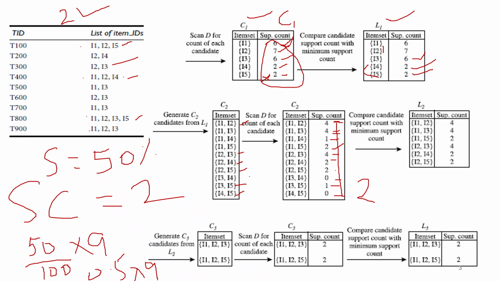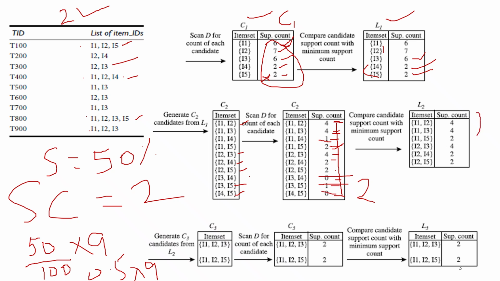This one is not greater than 2, so I'm striking it off. I1, I5 is added, I2, I3 is added, I2, I4 is added, and I2, I5 is added. The rest are less than 2, so I'm not adding them.